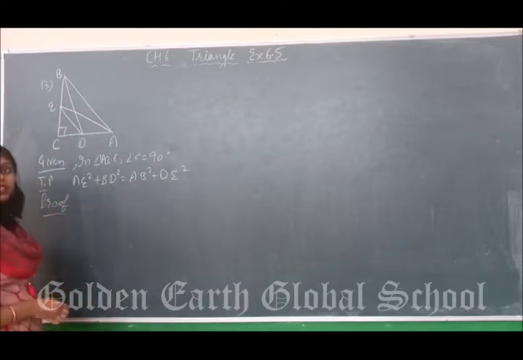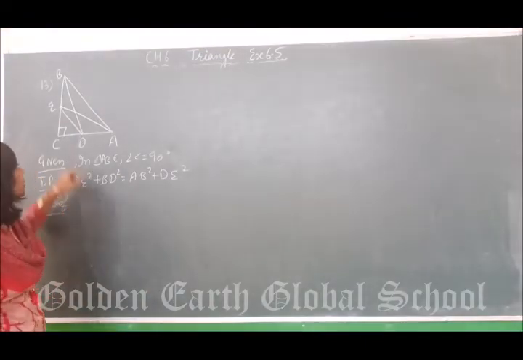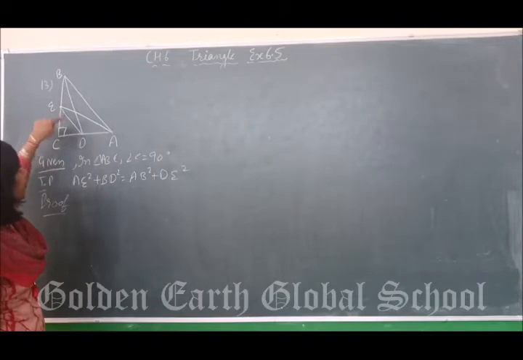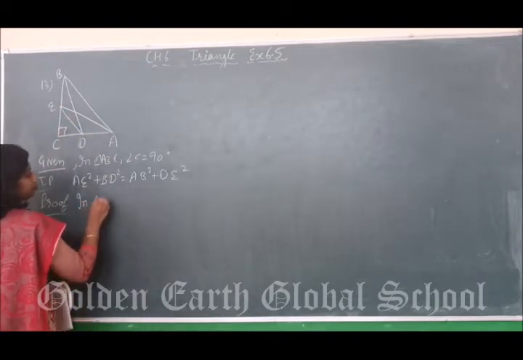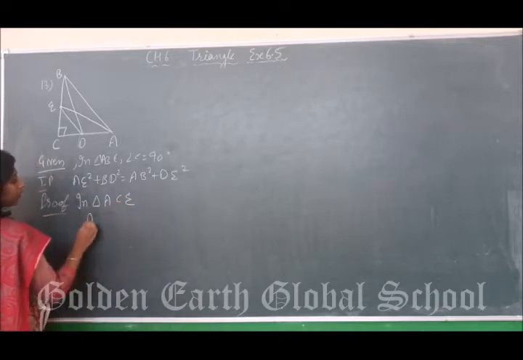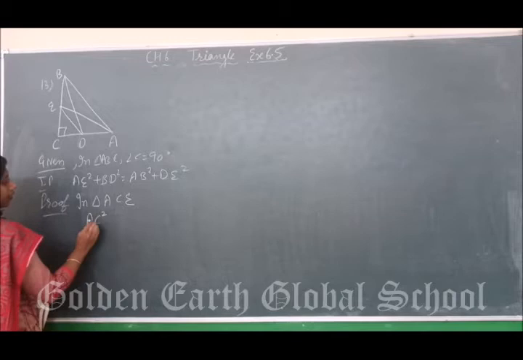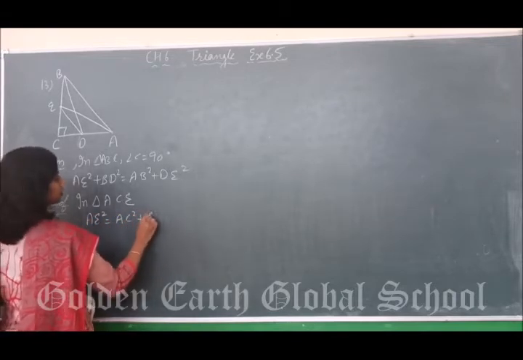First of all, we will consider that triangle in which side is AE. That is AE here, ACE. In triangle ACE, C is 90, so Pythagoras theorem applies here. AE square is equals to AC square plus CE square.